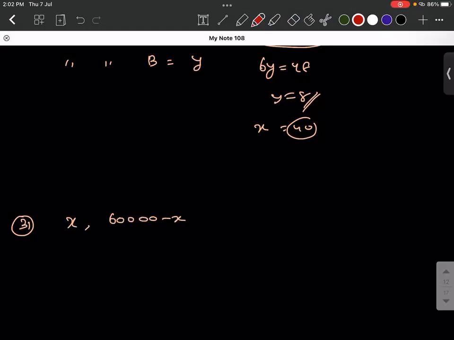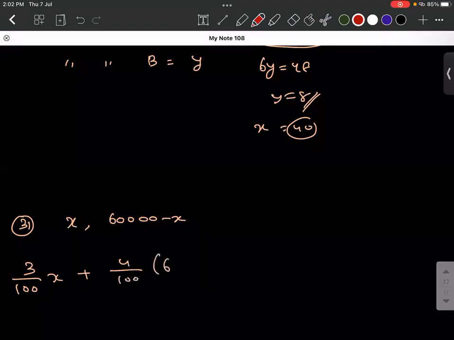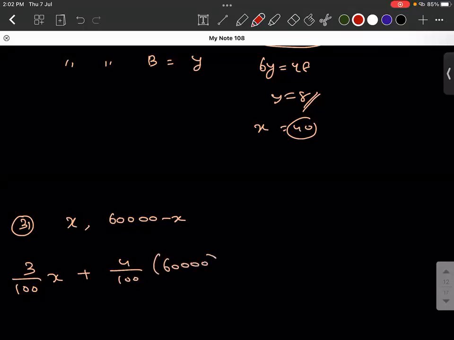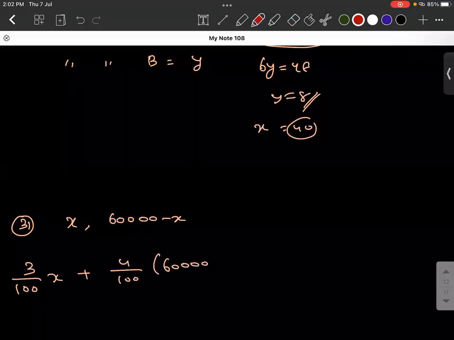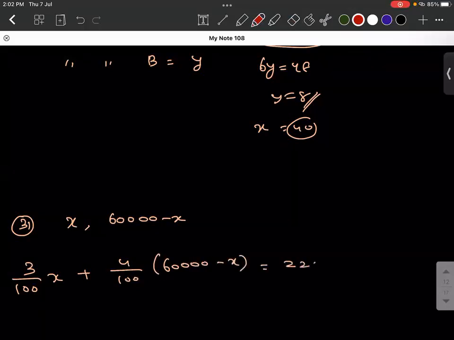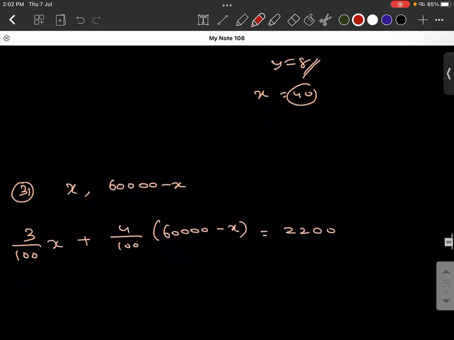So X and 60,000 minus X. What would be the interest at 3% on X amount? 3 by 100 into X plus 4% on 60,000 minus X, so 4 by 100 of 60,000 minus X. How much is this value equal to? 2,200 rupees.